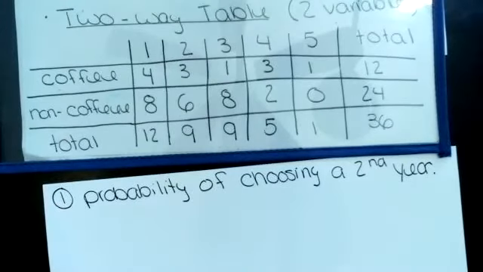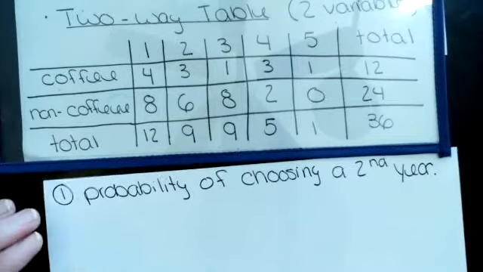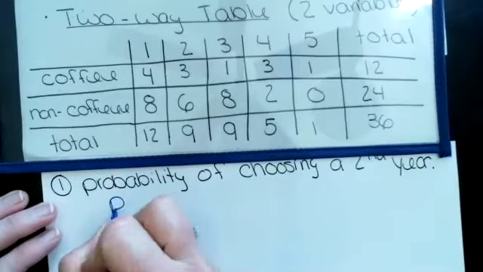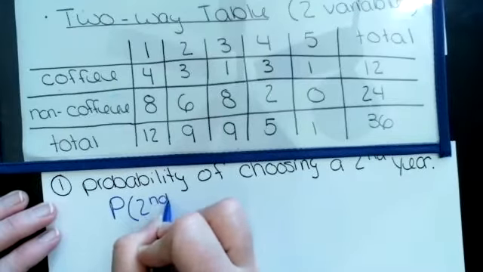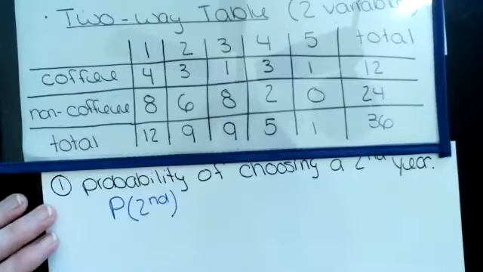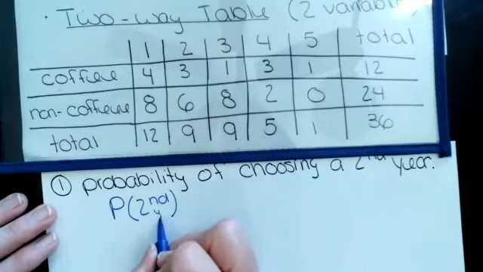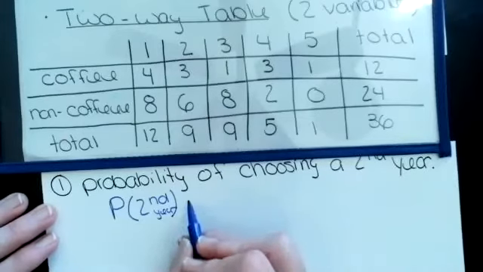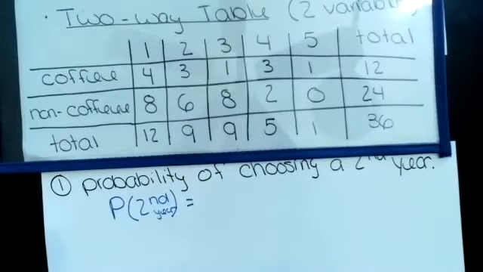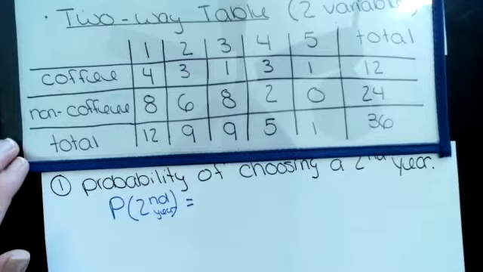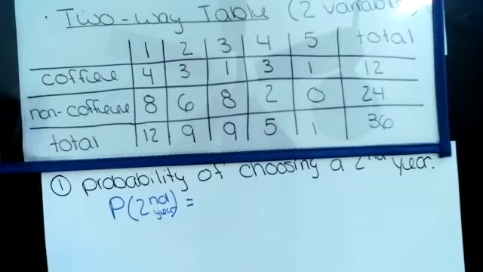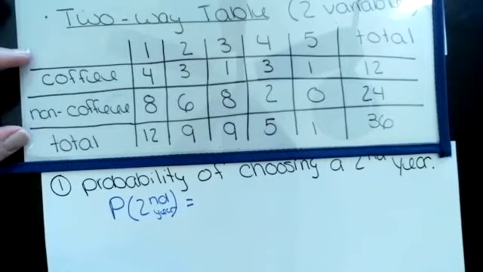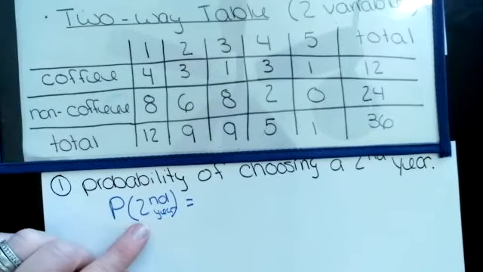So I'm going to write this out in notation first, and then we will look at the table. So the notation here, I'm just going to say the probability of a second year. Or you could put year in here, if you would prefer, that's fine. You could just write second, we would get the picture. And what we're going to do is take our two-way table and shade everything that involves the event.